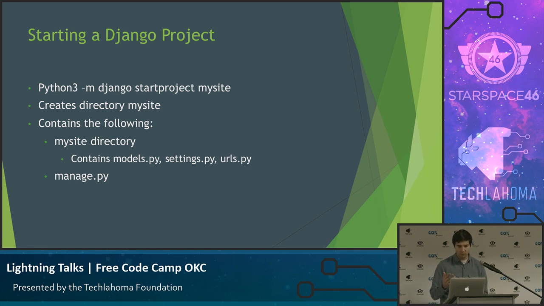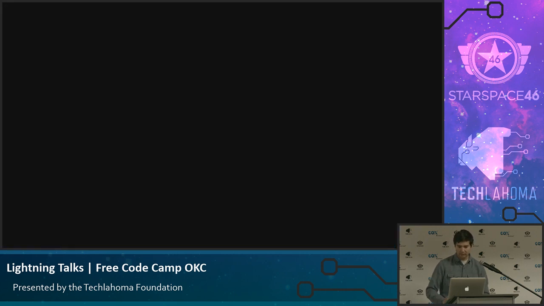So when you start a project in Django, it'll create a directory. In this case, I'm calling it my site, and inside that directory, there will be certain files. We'll be focusing mostly on settings.py and urls.py. And let's see what that looks like on the terminal.